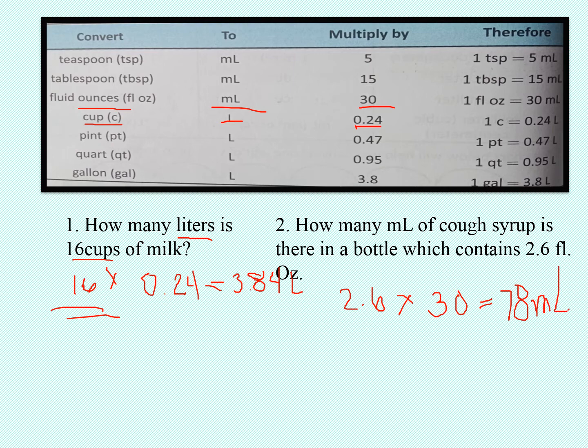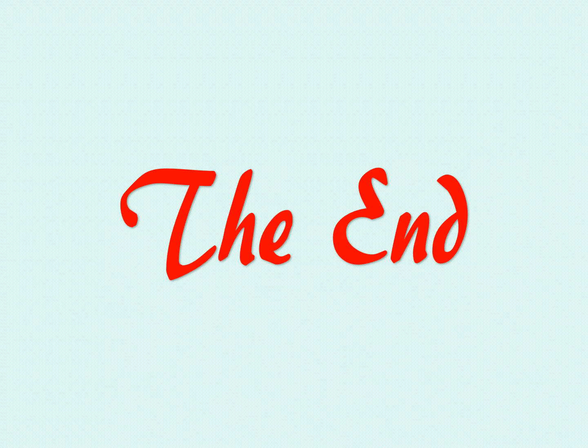So, ganun lang siya kasimple. And that is our lesson for today about the measure of volume and capacity. I hope you understand how to differentiate volume from capacity and on how to convert one measure of units to another. And that ends our lesson for today.